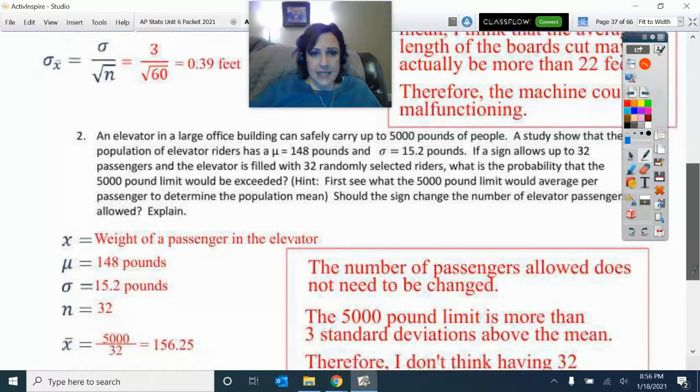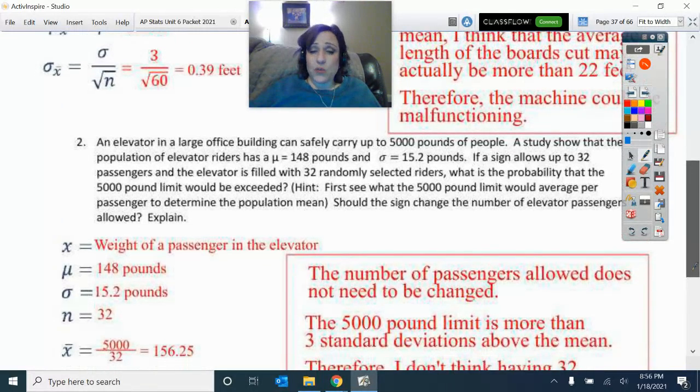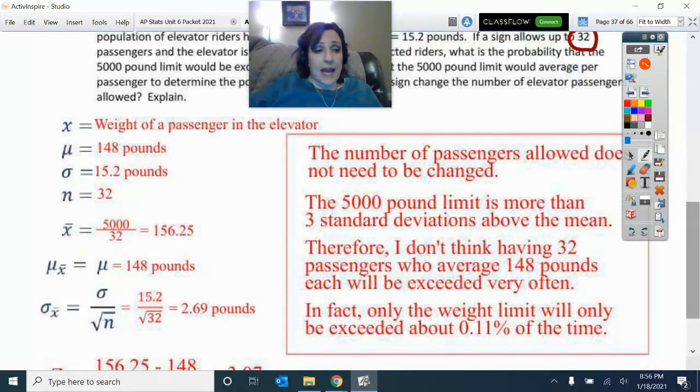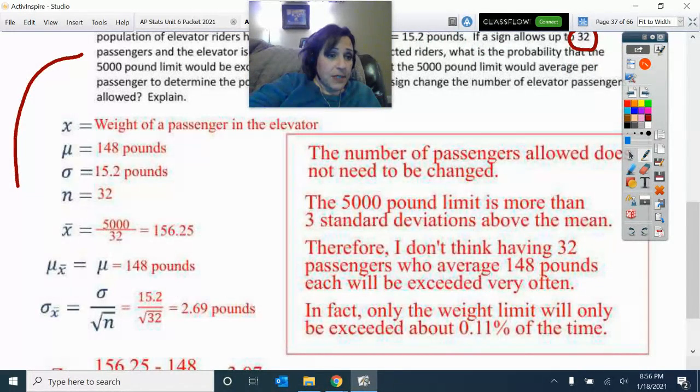Okay, next. On this one, we were talking about the weight of the passengers. The elevator says they can carry up to 5,000 pounds safely, and the sign will allow 32 passengers. That came into play for the X bar.